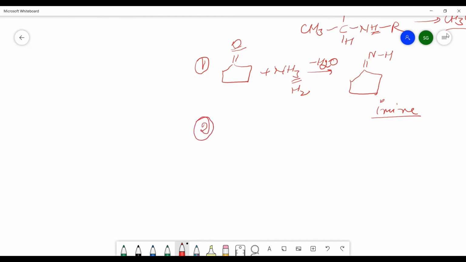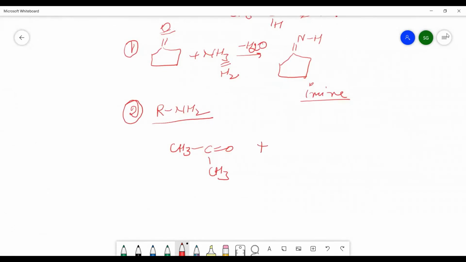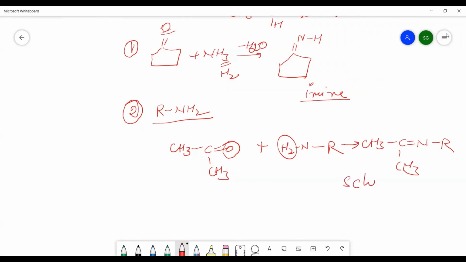Now the second one you can take is a primary amine, that is RNH2. When an aldehyde or ketone, suppose you are having the ketone acetone, reacts with the primary amine, again H2 and oxygen will be removed and you will get the product CH3 double bond N R. This will be formed, and this compound is Schiff's base.